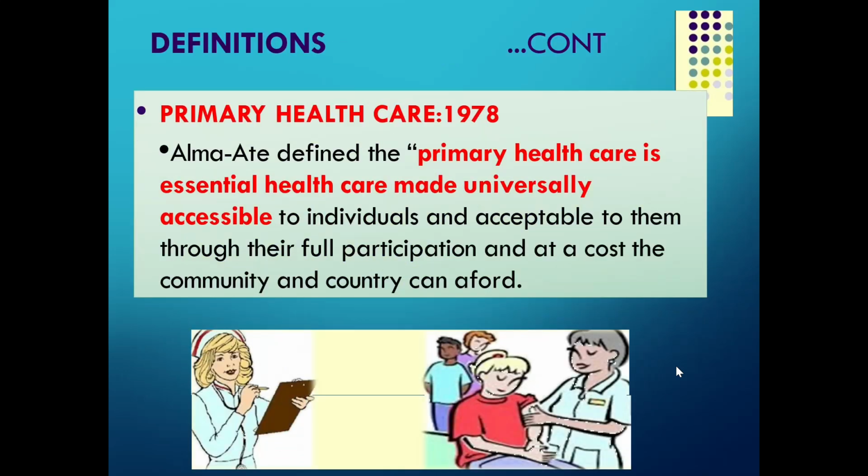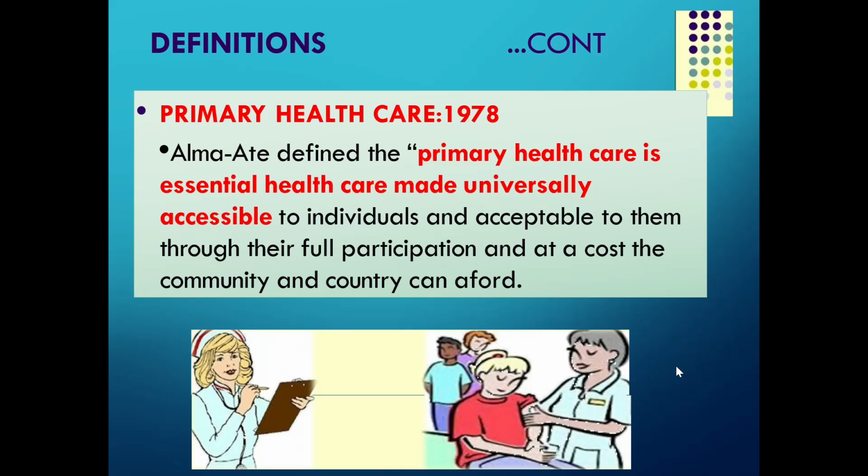Our PHCs come under primary health care. One of the important things declared in Alma Ata in 1978 is that primary health care is an essential health care which should be made universally accessible to all individuals, as well as acceptable to the people who are being treated, along with their own participation, and the cost should be such that it is affordable to all.